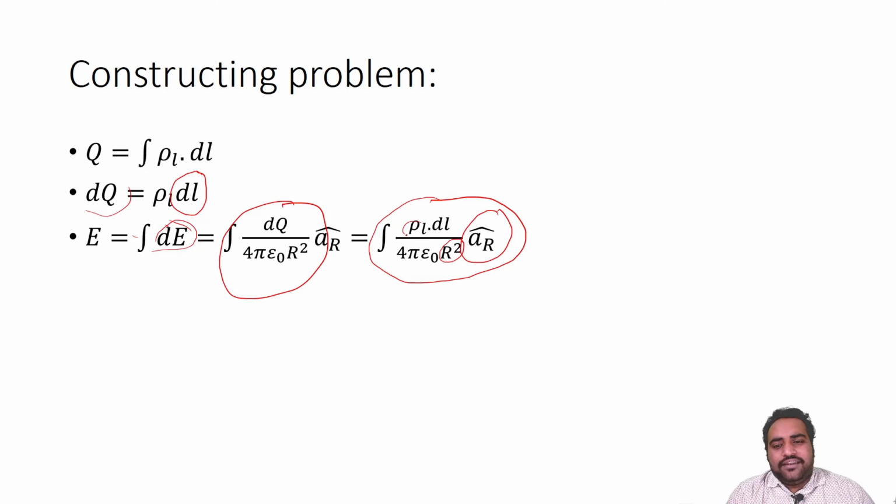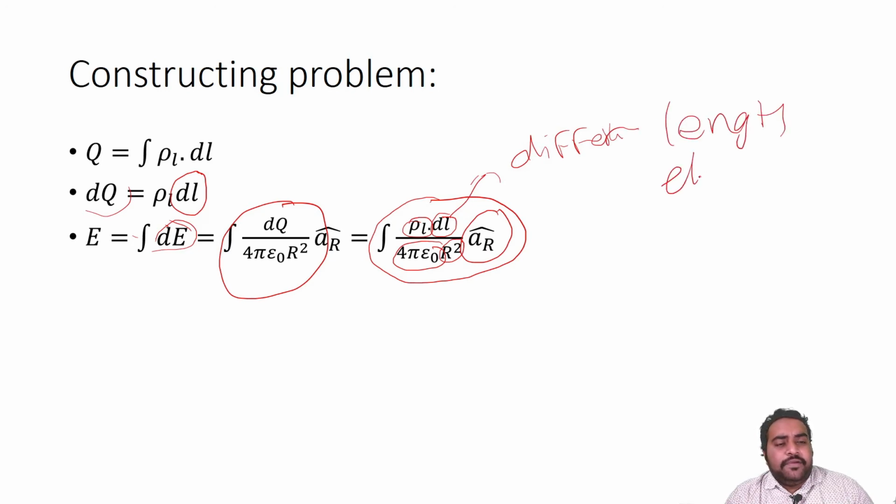Because rho L is a constant, 4 pi epsilon is a constant. This dl, remember, is differential length element, which we might have discussed earlier. Right?